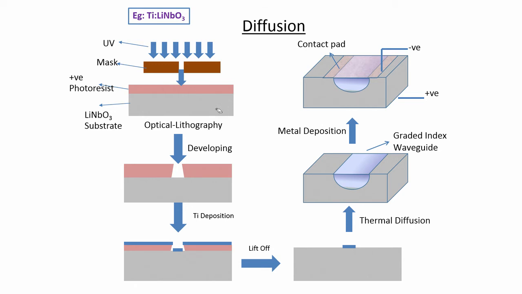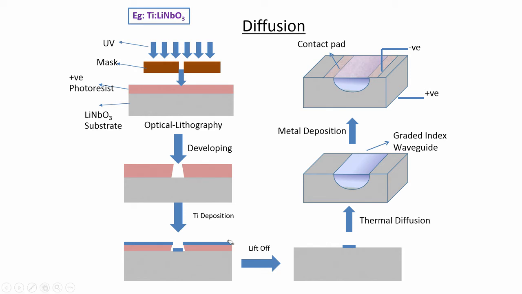Start with a substrate, you have a positive photoresist uniformly coated on the lithium niobate by either spin coating or some other process, and then you have a mask and expose the photoresist to ultraviolet radiation. Then of course, we have to develop this photoresist, and then you deposit a layer of titanium.